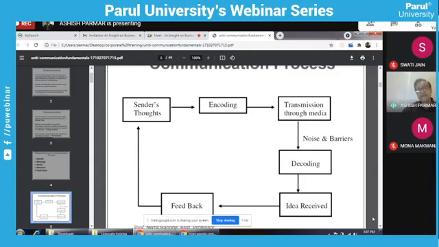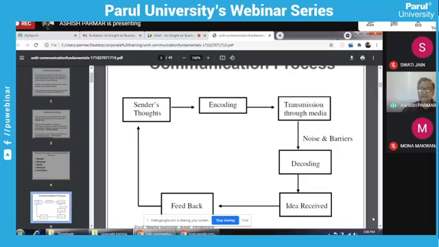And then the message is transmitted through different media. The media may be verbal and non-verbal, directly speaking one-on-one, or a written message, or video conferencing, or telephonic conversation, or any other type of media which is used in transmitting this encoded message.